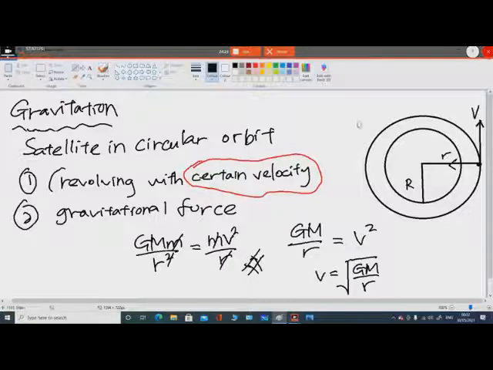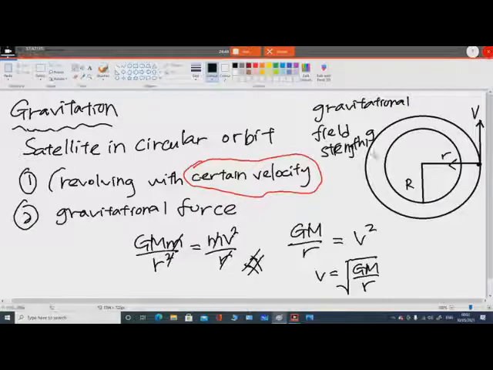So as we know, not only the gravitational force acts on these satellites, we also have the gravitational field strength, which is g. The gravitational field strength, or we can say the acceleration due to gravity of the Earth, is also acting on the satellites.